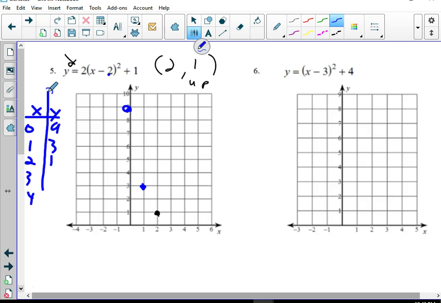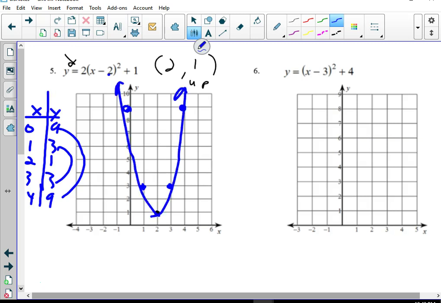Squared is 1. Times 2 is 2. Plus 1 is 3. Right? So 3, 3. What do we think 4 is going to give us? 9. And that's it.